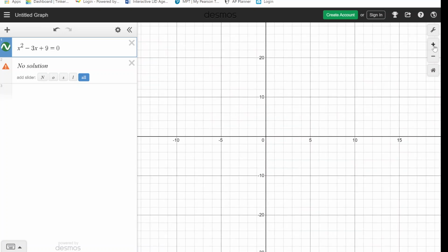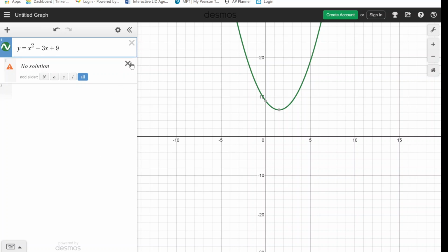That's because what this graphs, if you put the equals 0, is where it equals 0, and it never equals 0, so it graphed nothing. So this isn't particularly helpful. That's why I recommend just doing the left side or the right side of the equation, in this case the side with the x squared, or writing y equals x squared minus 3x plus 9, because this will always give you a parabola, and it'll be more obvious whether there are 0, 1, or 2 answers.